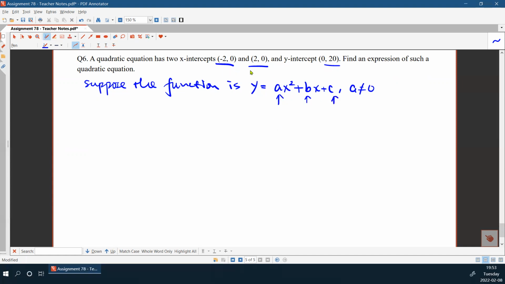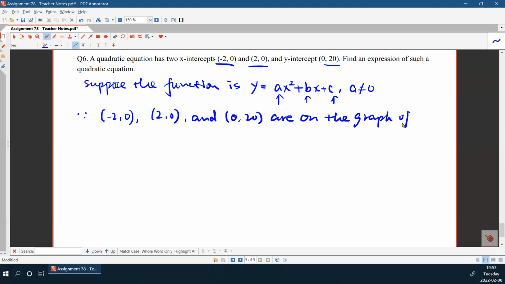And 1 point corresponds to 1 equation, right? Okay, because (-2, 0), (2, 0), and (0, 20) are on the graph of this function, therefore, we can plug them in, right?